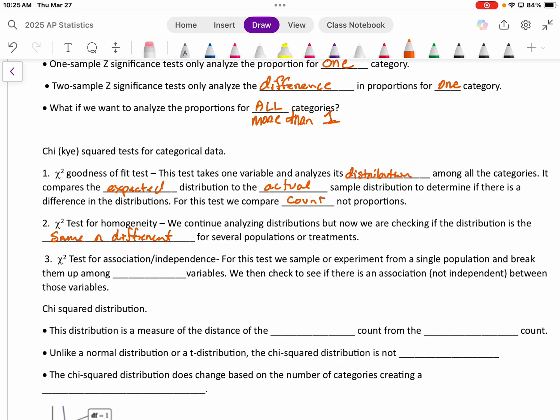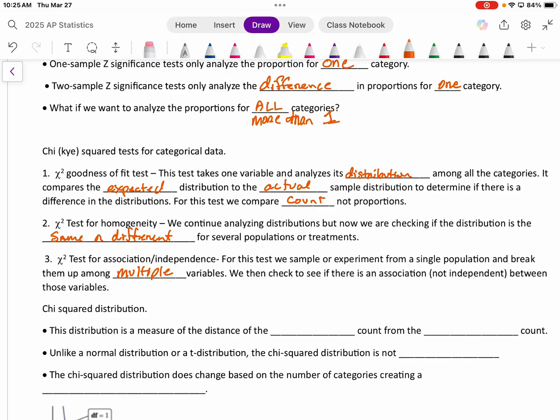The third type of chi-square test is for association or independence. For this test, we sample or experiment from a single population and break them up among multiple variables. We then check to see if there's an association, that is, whether they are not independent between those variables.